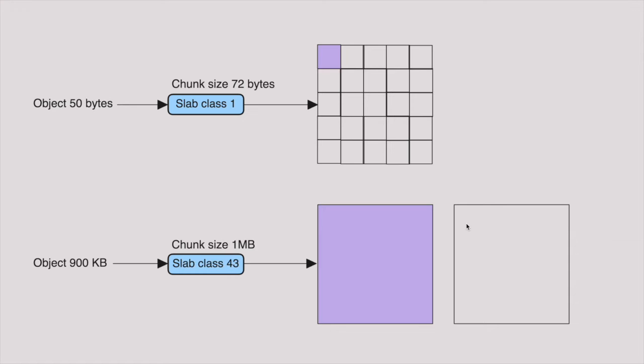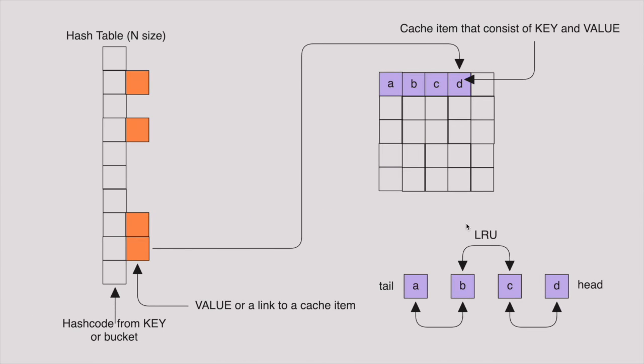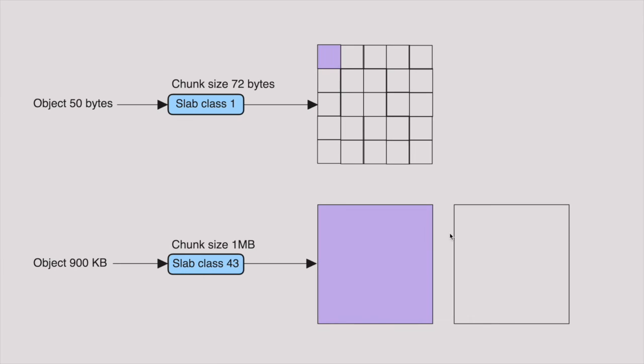Now, as we've covered the memory model, let's see how the actual data structures can fit into our memory model. So as you can see on this screen, just to recap, we have multiple slab classes from 1 to n. They all differ in the chunk size. Slab class 1 would have the smallest chunk size, and in our case, class 43 would have the largest chunk size.